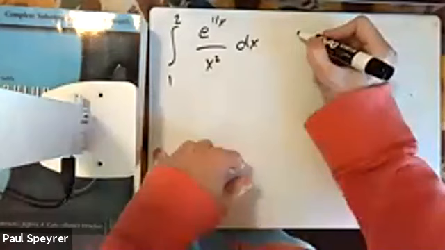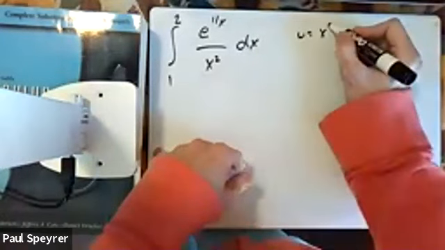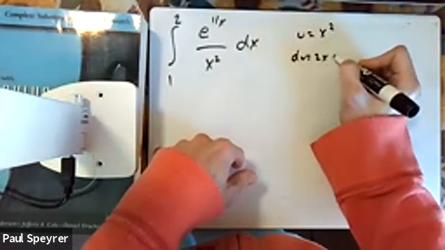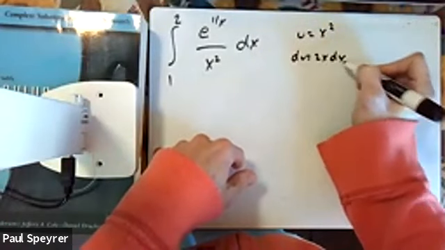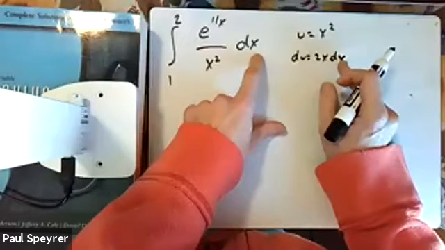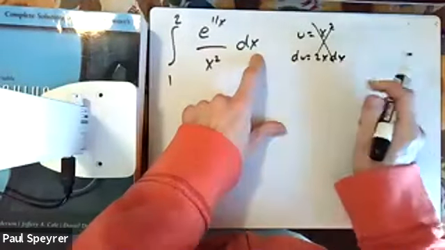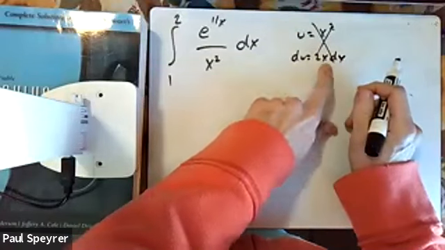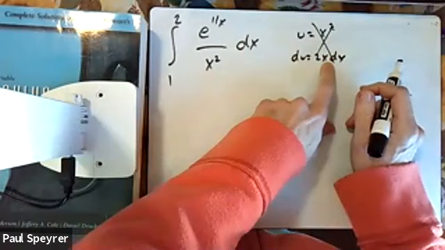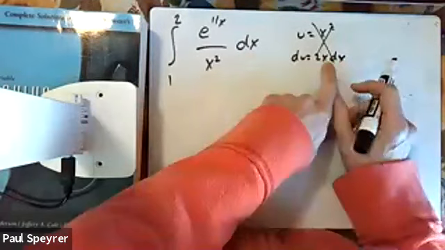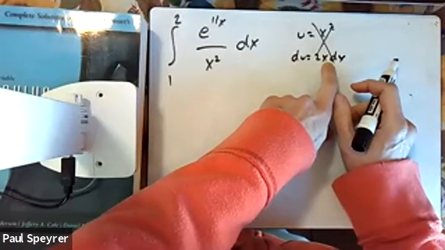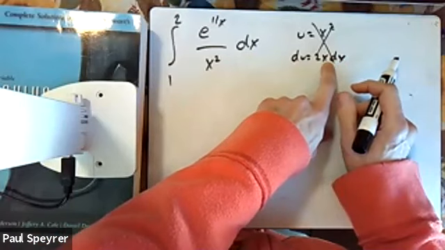Now be careful because maybe you're thinking I can let u equal x squared and then du is 2x dx. This x here and that x here and that dx and that dx. I'm good. No, that does not work, okay? This x, in order for it to be good, it would have to be in the numerator. This x, when you take the derivative, where's it popping up at? In the numerator of this right here. So that is not valid right there.